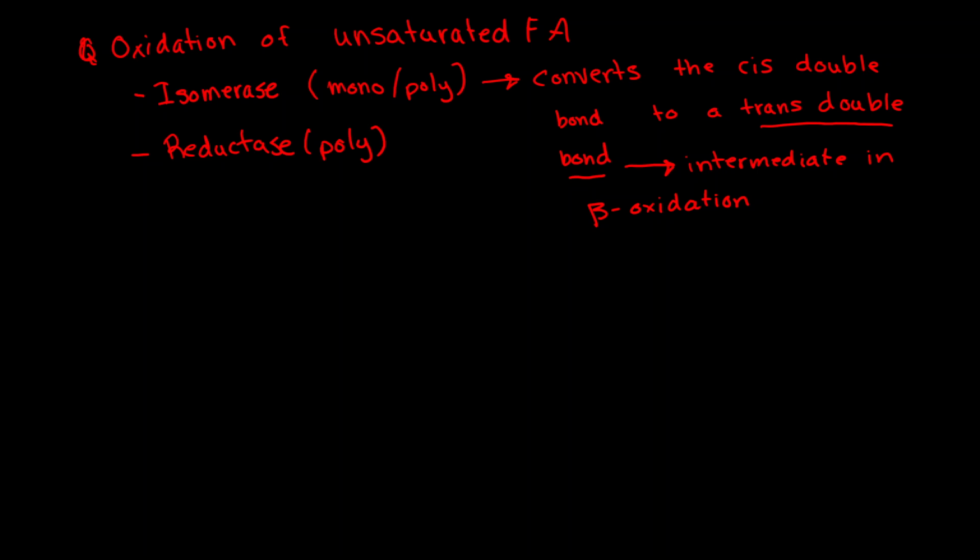The trans fatty acids that our body has difficulty metabolizing, the issue is where the double bond is. With the trans fatty acid that is an intermediate in beta oxidation, the double bond is between the 2 and the 3 carbon.